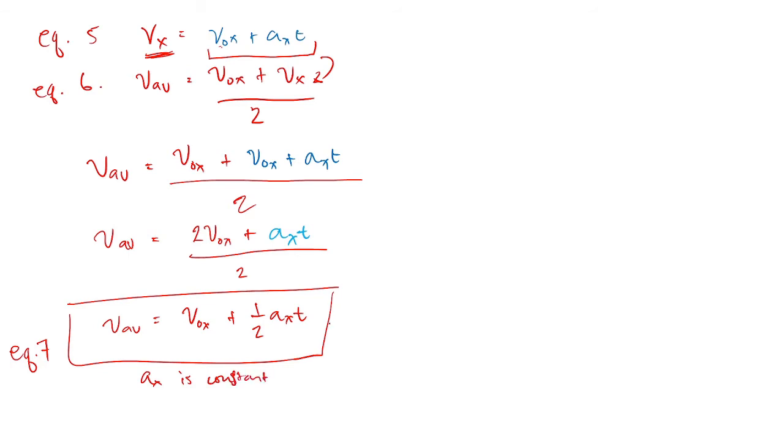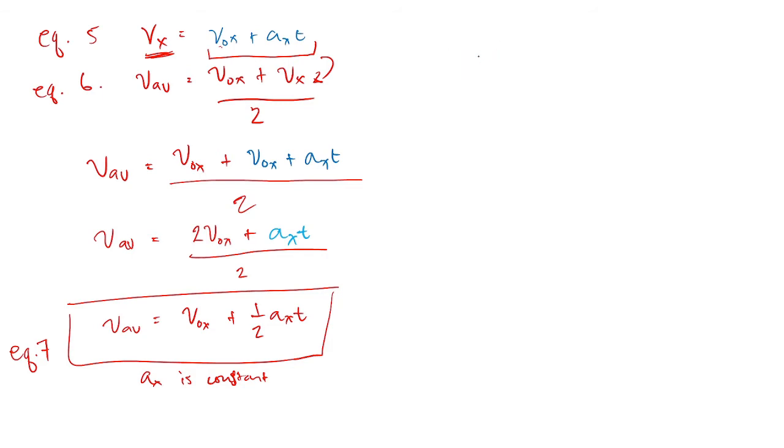So again, this will be useful if you want to know your average velocity kung hindi nyo alam kung ano yung maging final velocity. So by that, for example, you only have the value for your initial velocity and your acceleration in time.